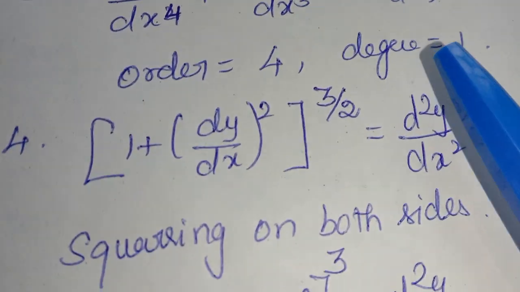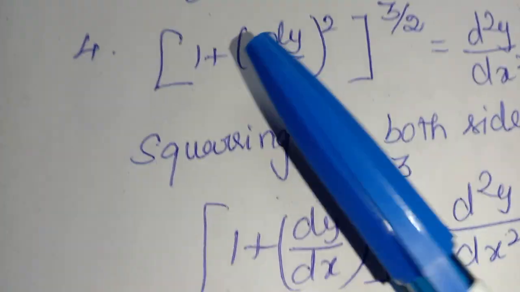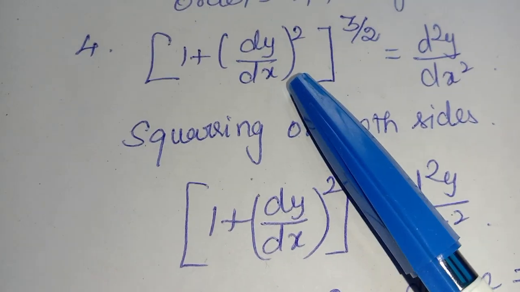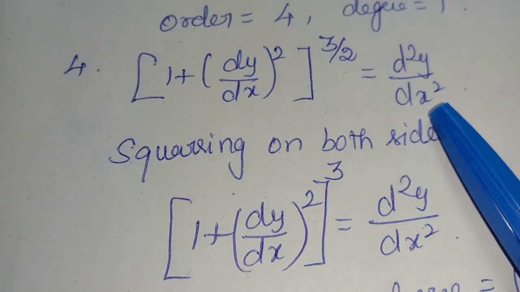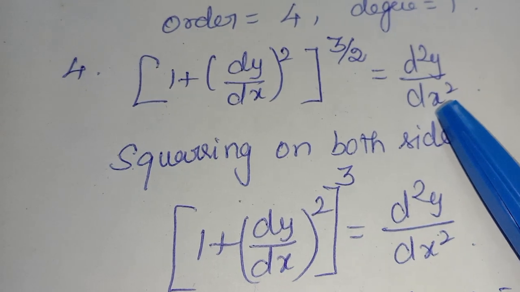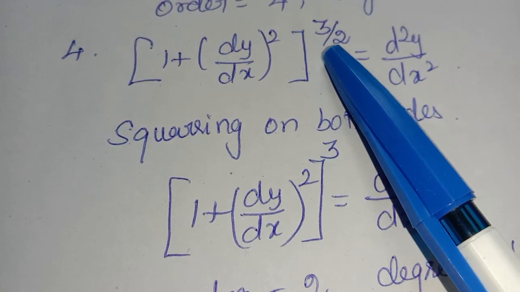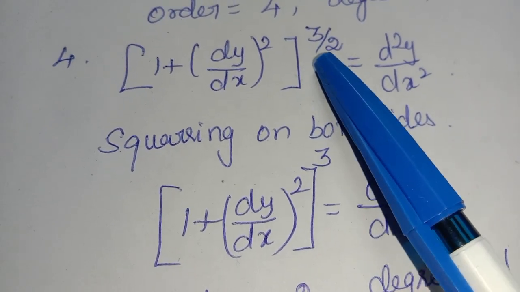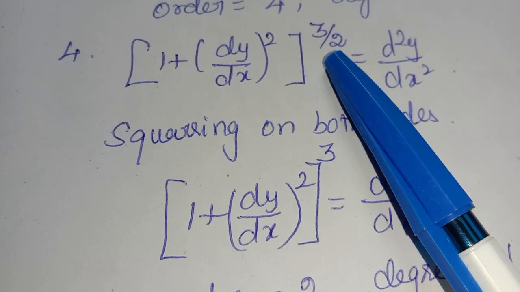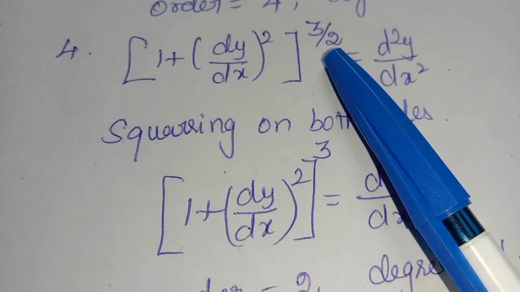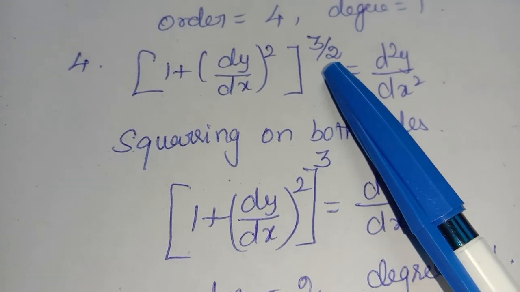Okay, let's see one more example. 1 plus dy by dx the whole square, the whole to the power of 3 by 2 equal to d square y by dx square. When you have equations of this type, with a fractional power, see this is of power 3 by 2. When you have powers in fraction form, first you have to eliminate it. After that only you have to find the order and degree.